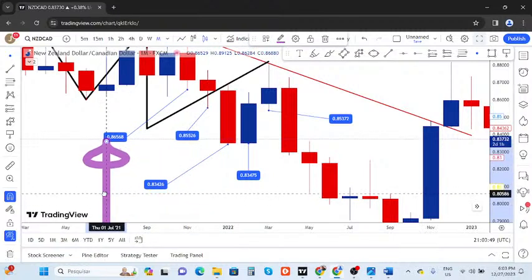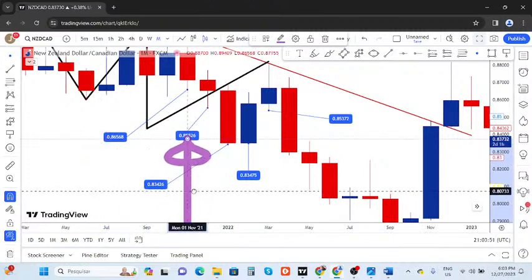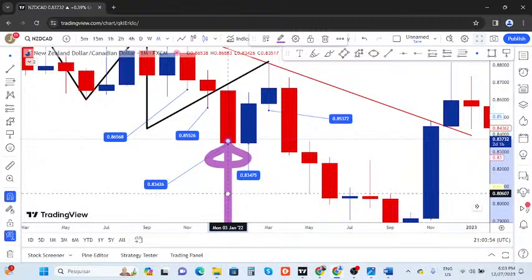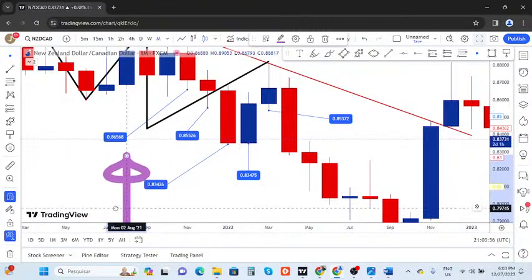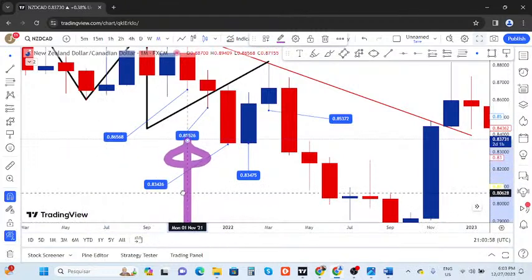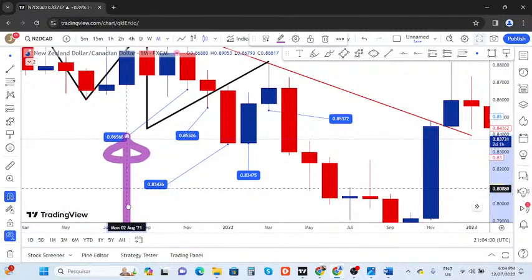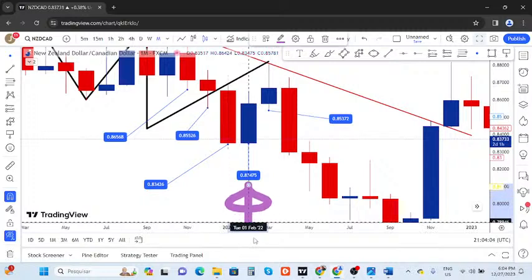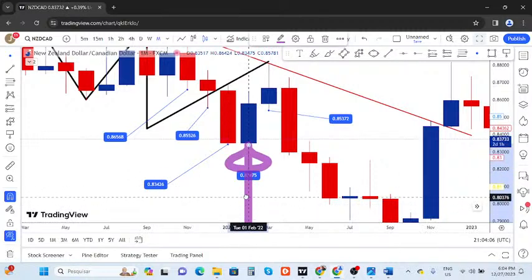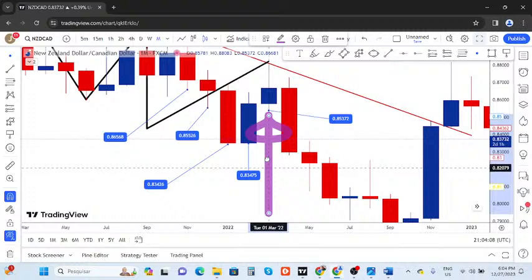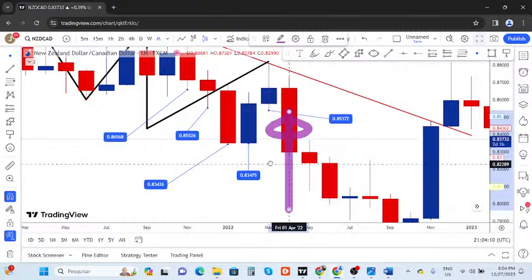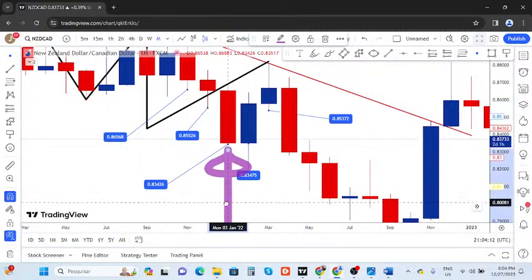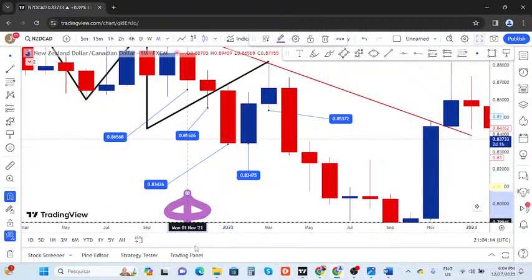So this one is 0.86, this one is 0.85. Now this middle one says 0.83, and this one is 0.83. This one too is 0.83, so this one is 0.85, so this one is out of it. Now these two right here are 0.83, 0.83.